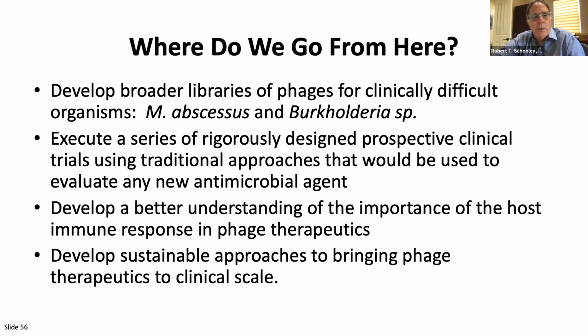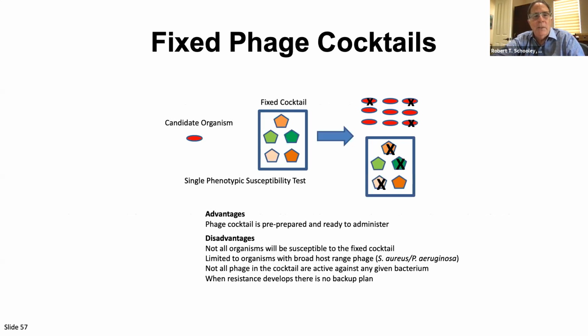It'll be a while before we get to being able to do this at clinical scale, but I do think that over time, one of two different approaches may well be developed. One would be fixed phage cocktails that essentially involve taking a known group of 3 to 5 phages that are active against most organisms of a given type.